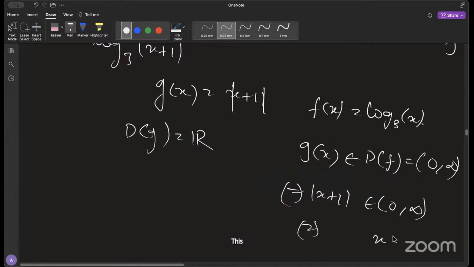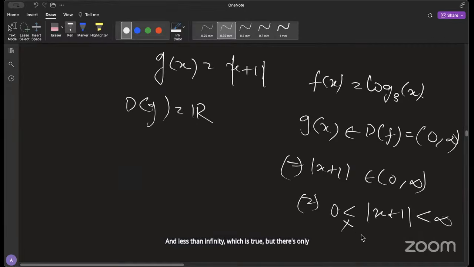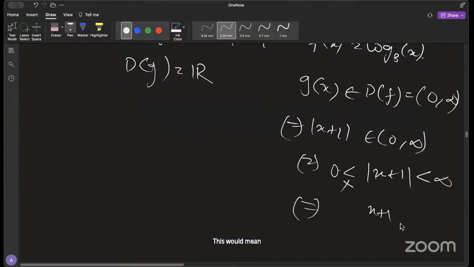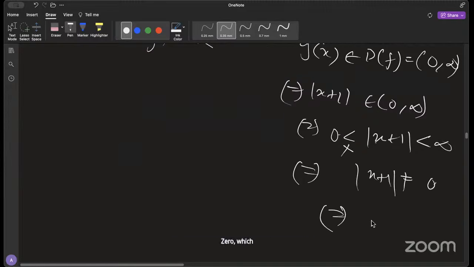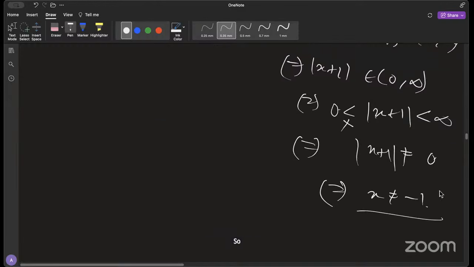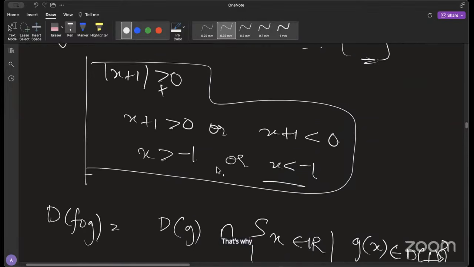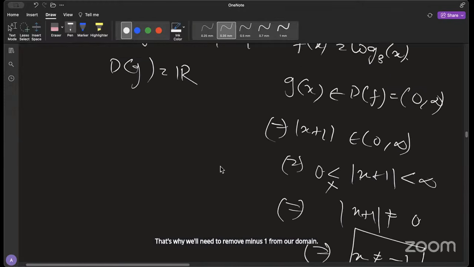This is the same as saying mod of x plus 1 should be greater than 0 and less than infinity, which is true, but there's only one problem, that this should not be equal to 0, right? This would mean that x plus 1 should not be equal to 0, which means x should not be equal to minus 1. So this is the only condition on your domain. That's why we need to remove minus 1 from our domain, R, real numbers.